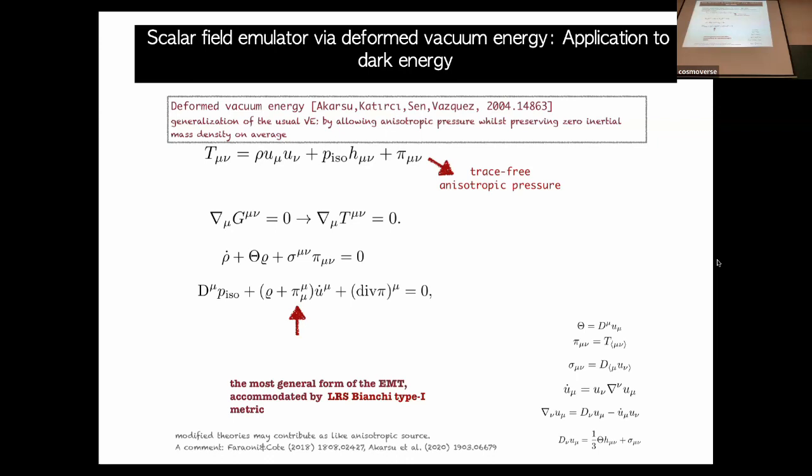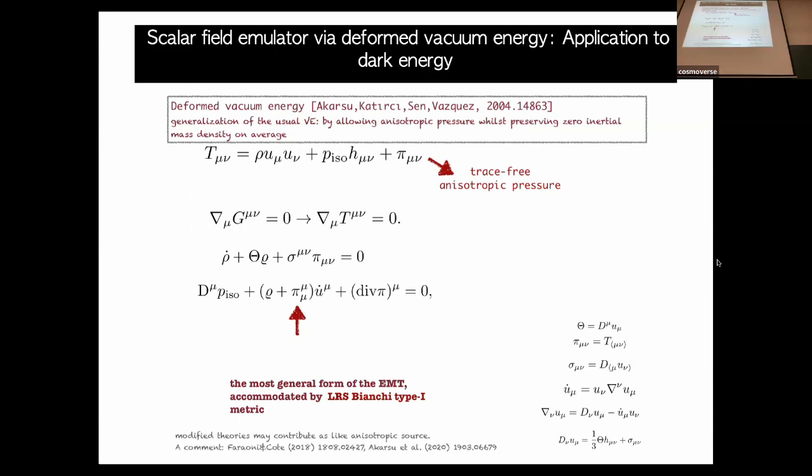When we look at the general energy-momentum tensor T mu nu, you can see that pi mu nu is the anisotropic pressure, and it enters the inertial mass density definition. So if we keep it zero again, we have a particular relation.